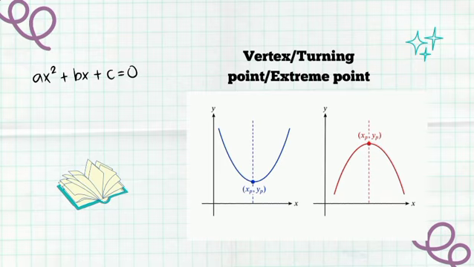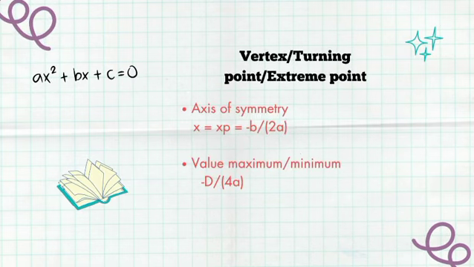The formula for finding the axis of symmetry is the same as the formula for finding the x coordinate of the vertex. The axis of symmetry is x equals xP equals negative b divided by 2 times a.